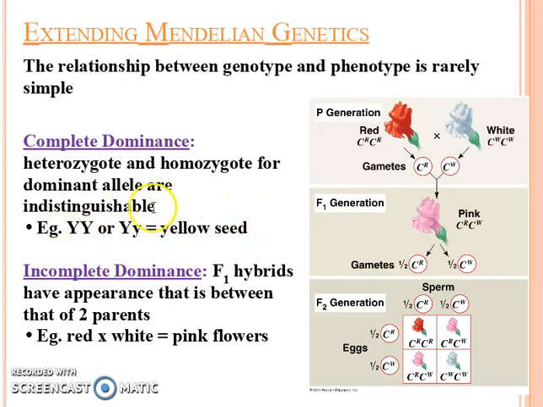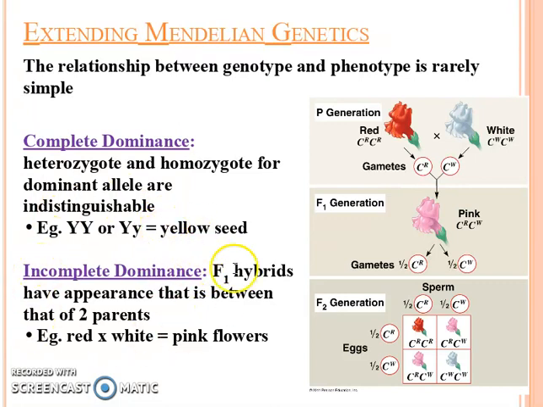You're going to have a yellow seed. This was like when you have your big T, big T and big T, little t, they're both going to end up being tall. That's complete dominance. The only time I'm ever going to see the recessive allele is if you have two recessive alleles. So little y would show up as a green seed, little t would show up as a small plant. That's how complete dominance works. There's a dominant, there's a recessive, and the heterozygous will still show the dominant.